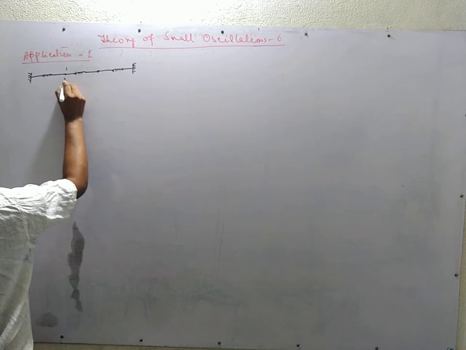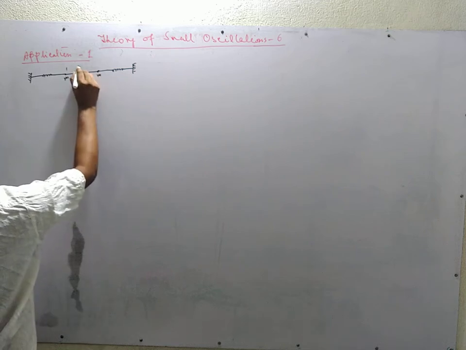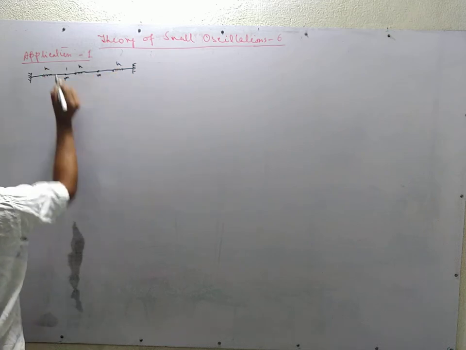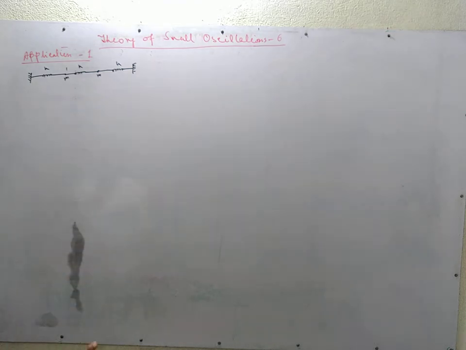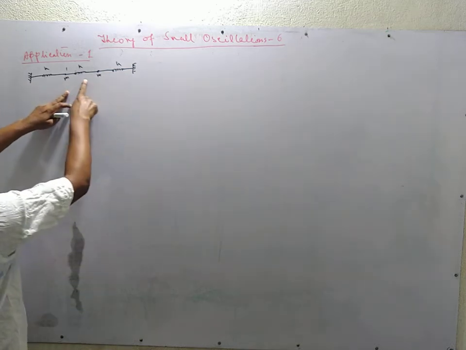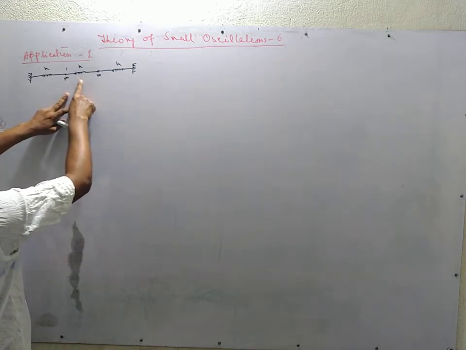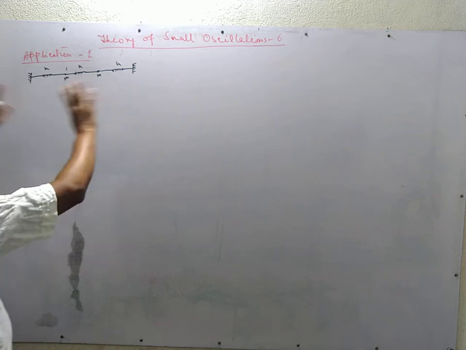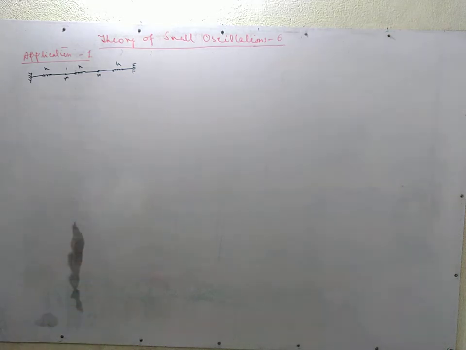Each mass is m and the spring constant is K. This is a coupled system because the two masses are coupled to each other via the middle spring. If the middle spring were not there, the system would be an uncoupled one comprising two isolated point masses connected by springs. But due to the presence of the middle spring, this is a coupled oscillation problem.